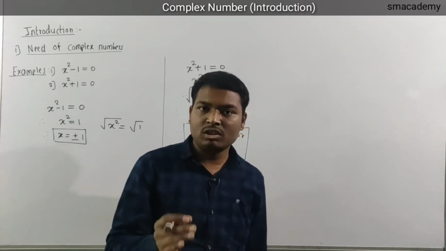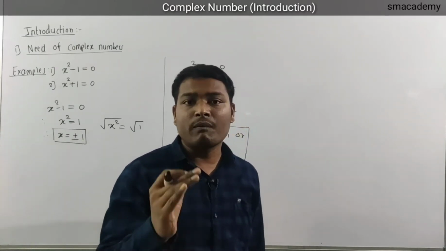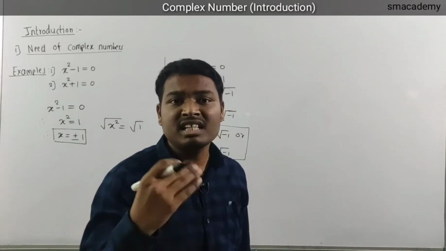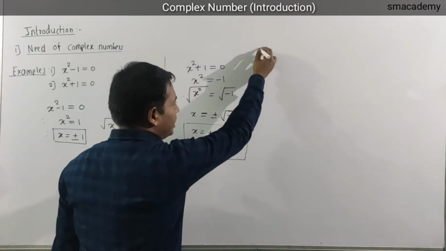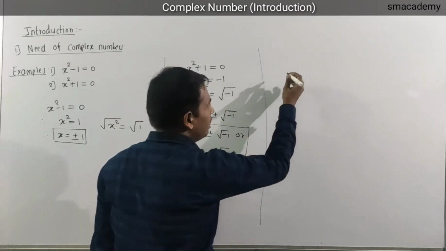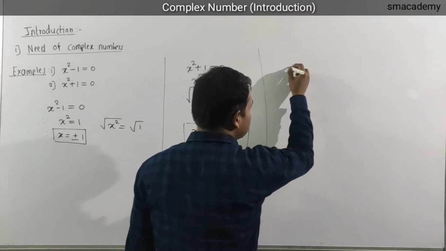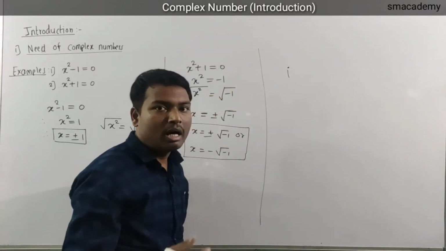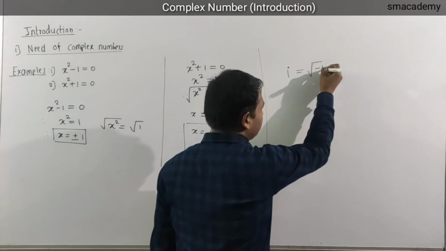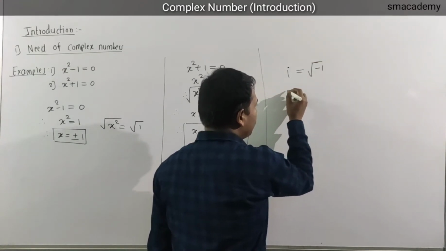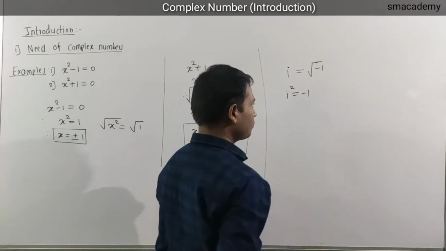The Swiss mathematician Leonhard Euler introduced one number called the imaginary number, denoted by the small letter i, called iota, and the value of i is equal to root of minus 1. Also he took another number, i square is equal to minus 1.